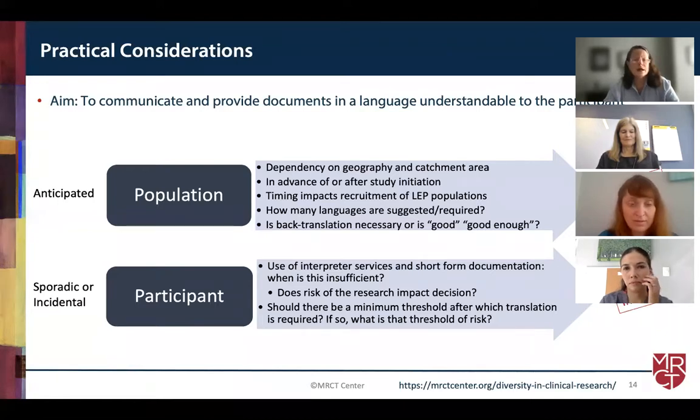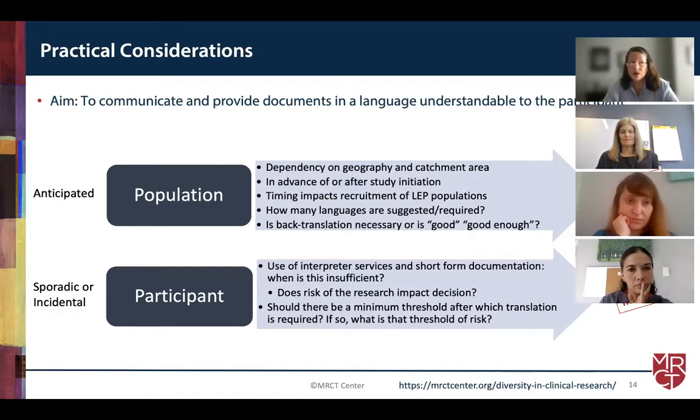And when not. And that is an issue that really is considered by the IRB and the sponsor. That's very different than the sporadic person who happens to come in who speaks a different language than those that you have the materials available in.